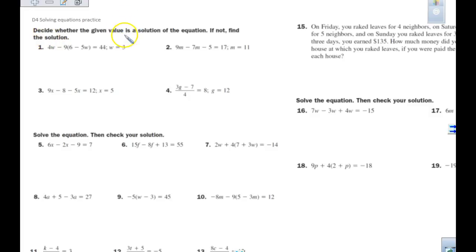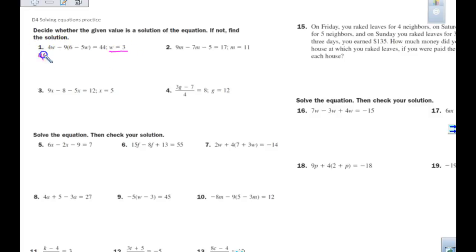It says, decide whether the given value is a solution. If not, find the answer. So they're saying in number 1 that W should be 3. How do you find out if they did it right? We kind of do the check, right? So I want you to plug in place of W, plug in 3.